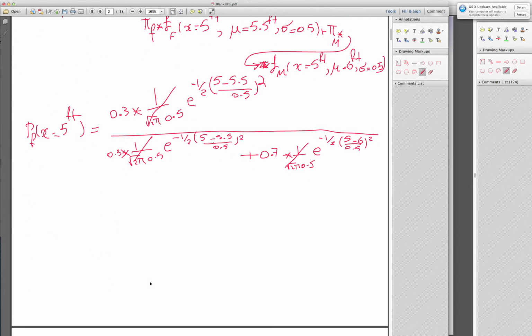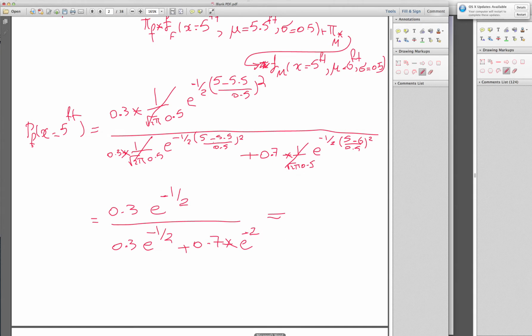So that would be equal to 0.3 exponential, so 0.5 divided by 0.5 is 1, so exponential negative 1 over 2, plus 0.7 times, so 5 minus 6 is negative 1, negative 1 over 0.5 is negative 2. 2 to the power of 2 is 4. 4 divided by 2 is 2, so it's exponential negative 2.